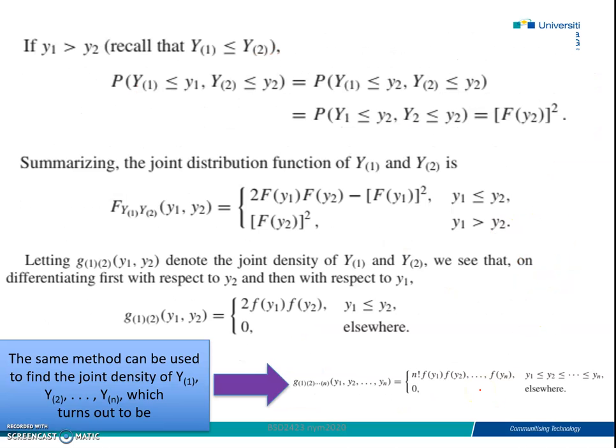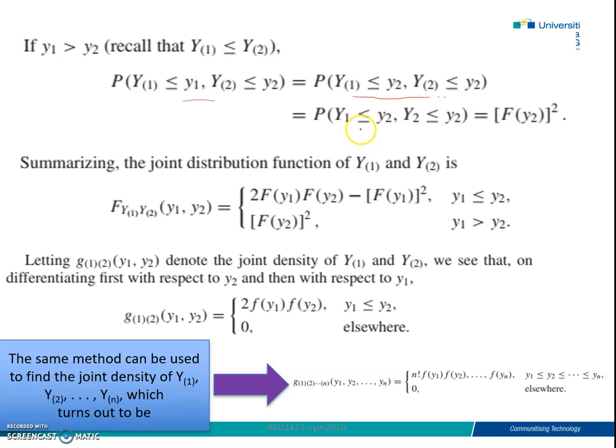If y1 is greater than y2, recall that y1 ordered is less than or equal to y2. So you have this one as well. It's straightforward.